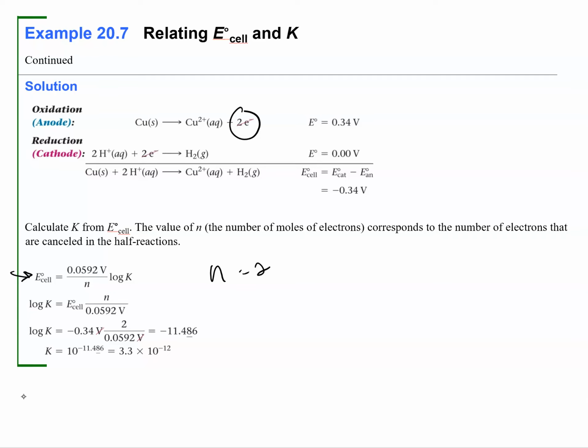And what else do we have to plug in here? Nothing else that isn't given. So E naught cell is negative 0.34 volts, n is 2, divided by 0.0592 volts. And that gives us a K value of 3.3 times 10 to the negative 12th, which is a very small number.